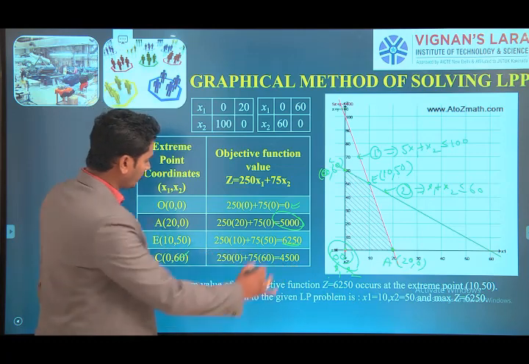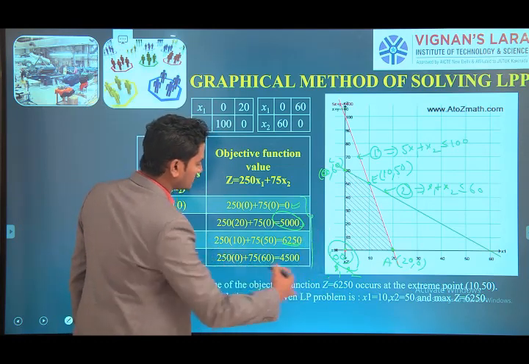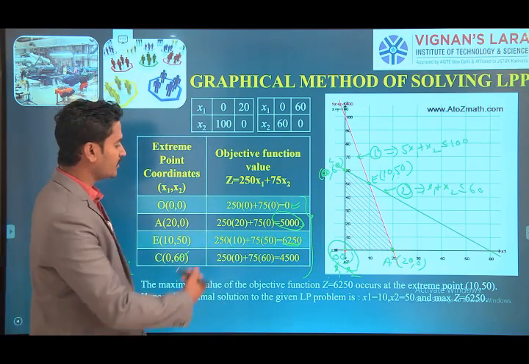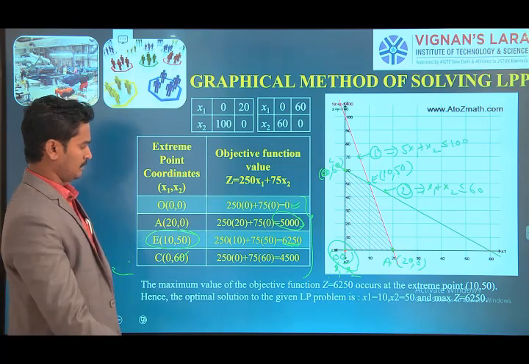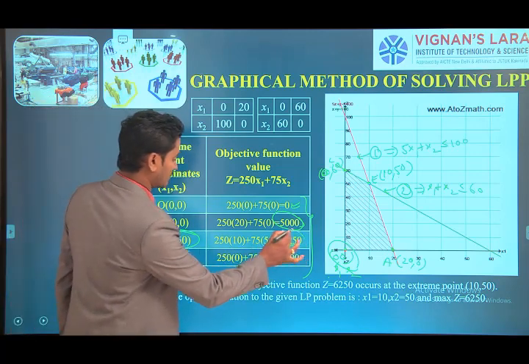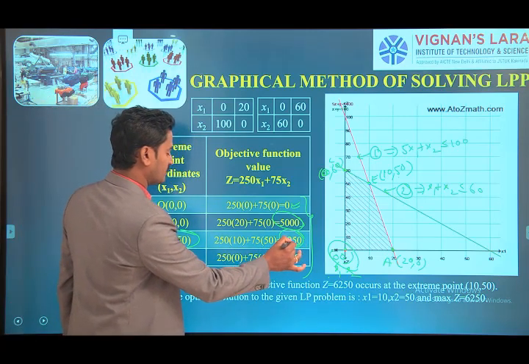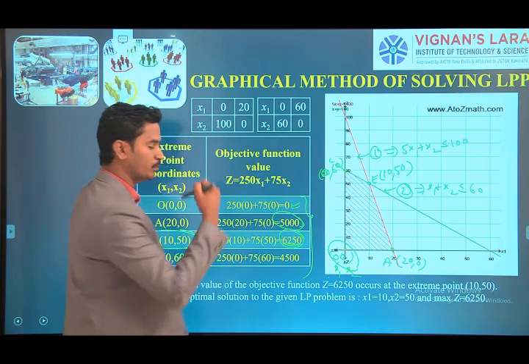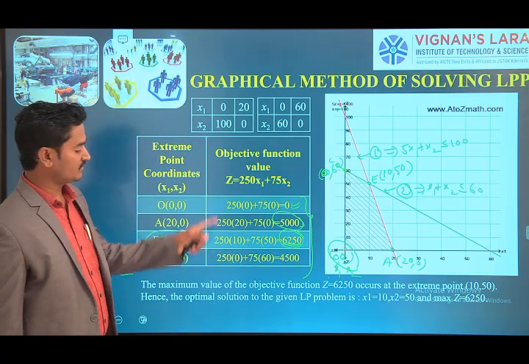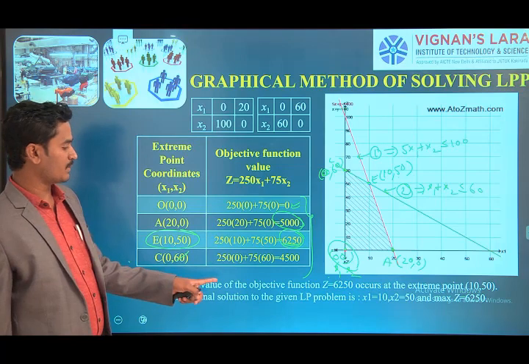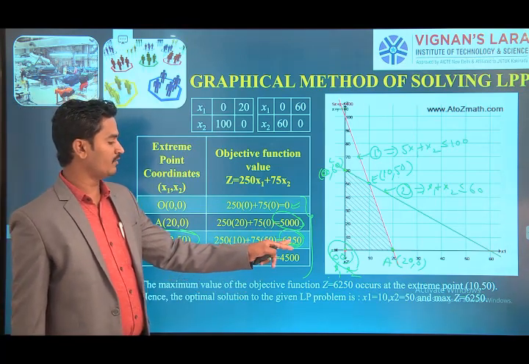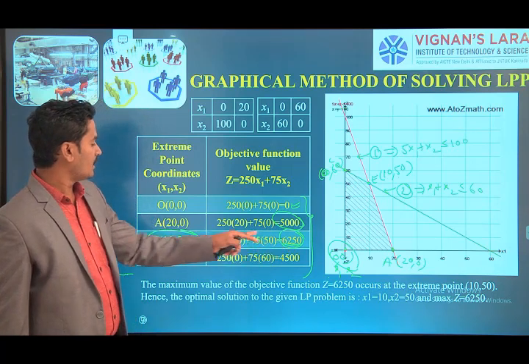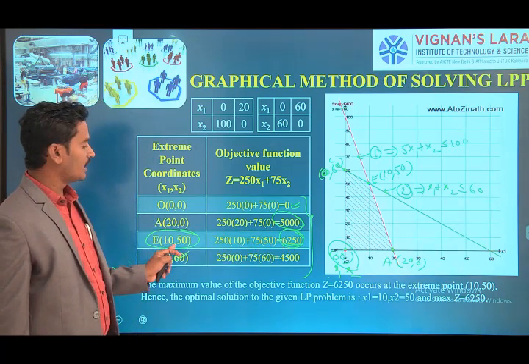From these four, which one is the maximum? At which point we get the maximum? At E point we get the maximum value. What is the maximum amount? 6250 rupees we earned from these two items. Okay. Here the maximum value of the objective function Z is 6250, which occurs at the extreme point 10, comma 50.